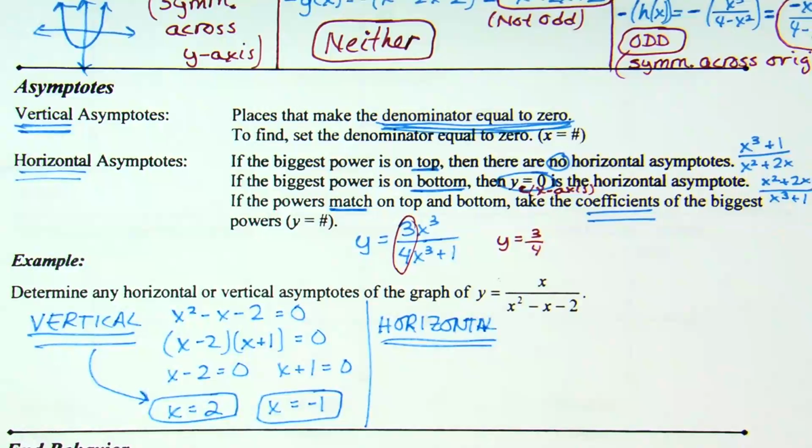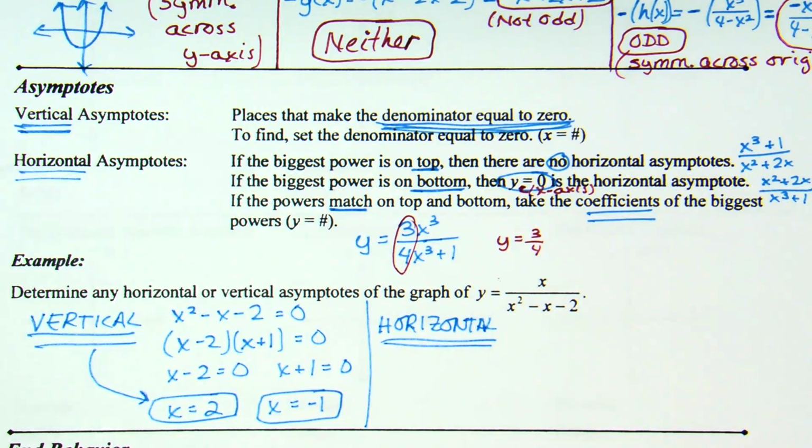Okay. Horizontal asymptotes, what's the rule? What do we need to look at? The biggest powers. Okay.